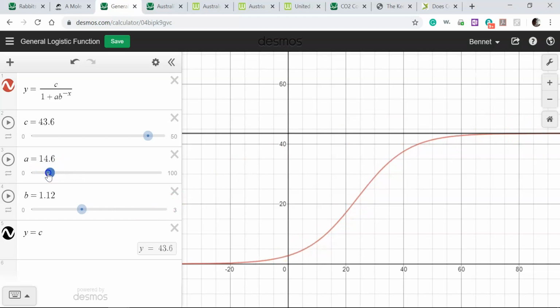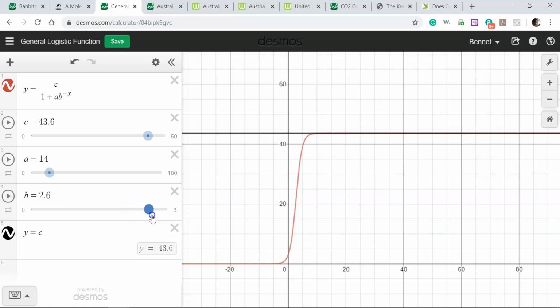The a and the b values are a little bit different. You can almost think of a as a little fudge factor for where you're zeroed at. It shifts this thing to the left and to the right. The larger the a value, the further right it goes. The smaller the a value, the further left it goes. The b value is really how fast it is growing. A really large b value means it's growing pretty quickly relative to your x-axis.